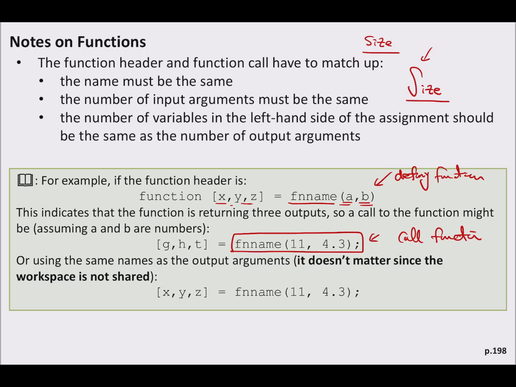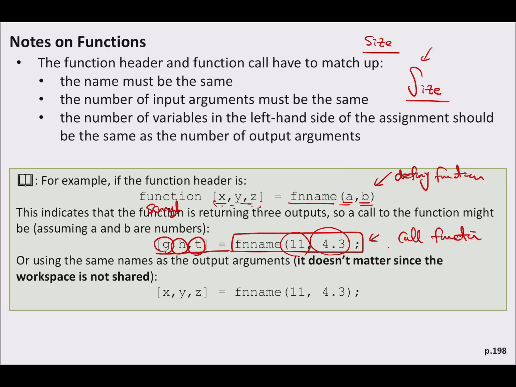When you call the function like this, the meaning is 11 is assigned to A, 4.3 is assigned to B. And then the script inside of this function computes the xyz value using 11 and 4.3. The final outcome of xyz from the function is assigned to GHT. Okay, that's how it works.